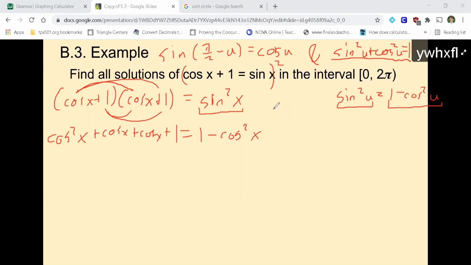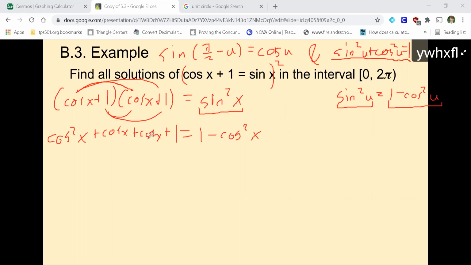And so you should just be ready if you have a problem that has different trig functions in it. The first thing that you have to do is use your identities to get them all in terms of one trig function.